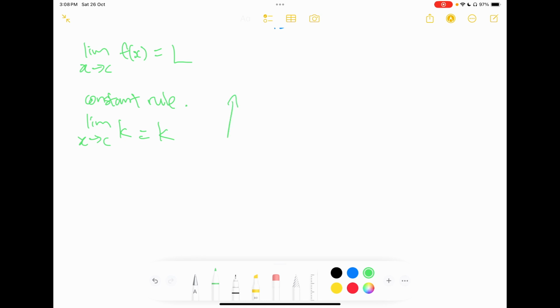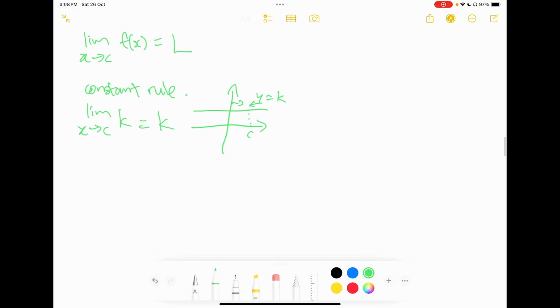And if you drew y equals k and then you looked at that point c, you can convince yourself pretty easily that the limit is k. All right, so the next one would be the constant multiple rule.